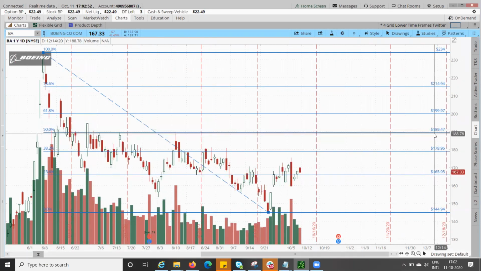These are the small points. Now it has crossed above 165, so I'm targeting 178, 179. It can happen in one day, it can happen in one month, I don't know. But every time it's going to come around 165, and if it takes support, the next thing is it's going to test the resistance of 178. When it crosses 178 this time, it will definitely touch 200.